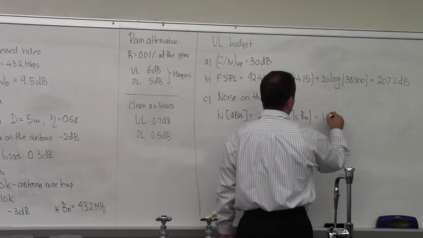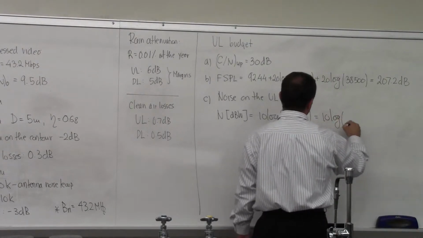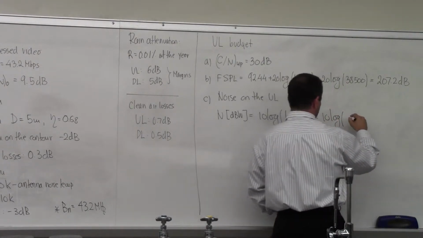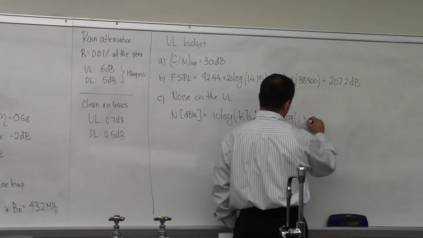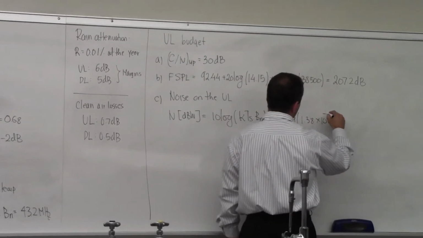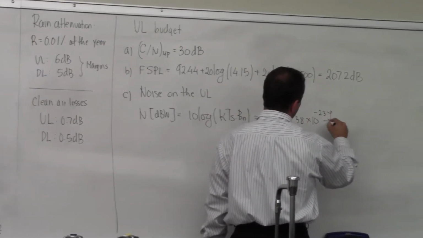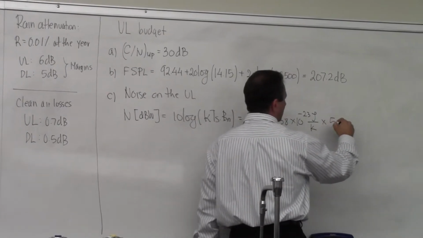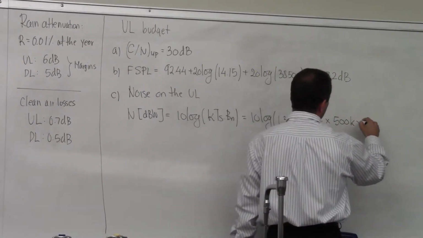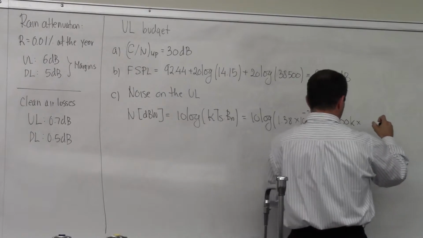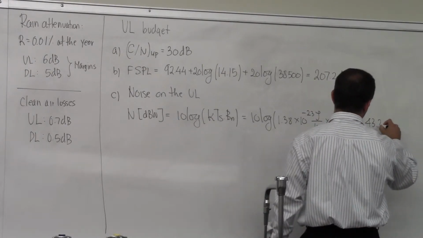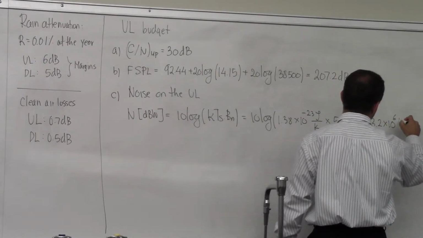So this is 10 log. Now what is the system? K is 1.38 times 10 to the minus 23 joules per Kelvin, times the equivalent noise temperature of 500 Kelvin, and times the noise bandwidth, which is 43.2 times 10 to the 6 hertz.